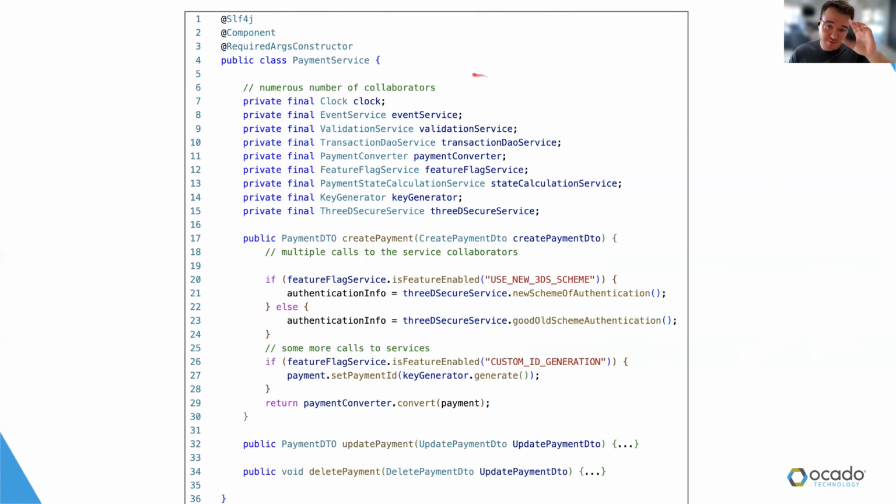So sorry for the amount of code. Don't pay much attention to each word exactly. Try to pay attention to the structure of this file, right? So this is a payment service. It's one of our services. By the name, you can guess it's probably one of the most important in the payments microservice.